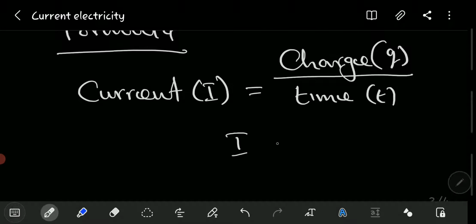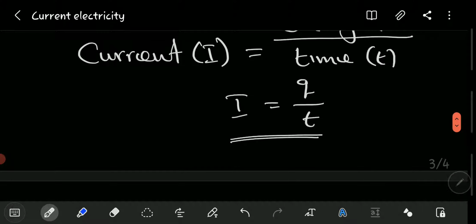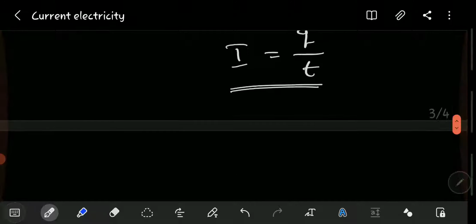Therefore it is going to be I is equal to Q over T. So this is the formula for electric current.